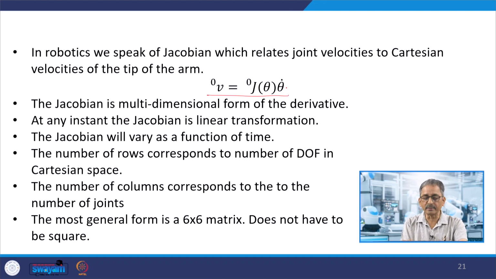So I can write it like this: this is the joint velocity vector, this is the Cartesian velocity vector expressed in terms of, say, the 0th frame, and this is your Jacobian, which is a function of theta. So this Jacobian is a multi-dimensional form of derivative basically. At any instance the Jacobian is a linear transformation, and it will vary as a function of time. Naturally your theta 1 and theta 2 keep on changing continuously, so with time your Jacobian is also going to change.